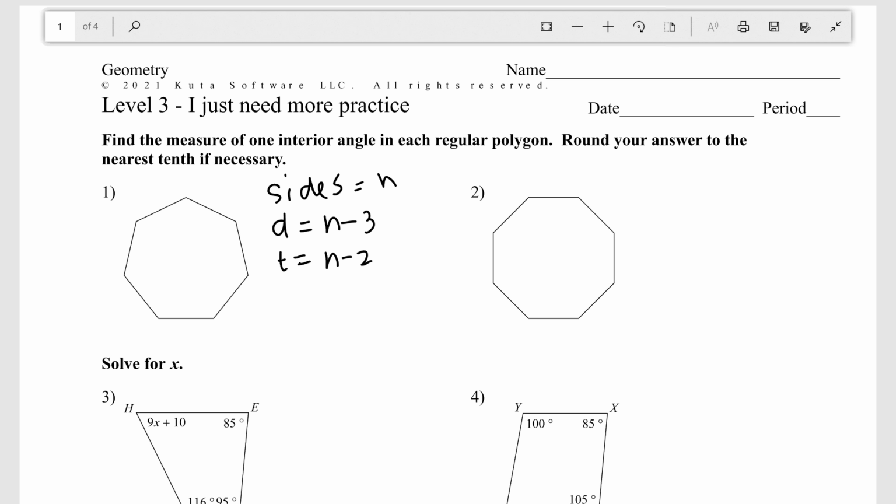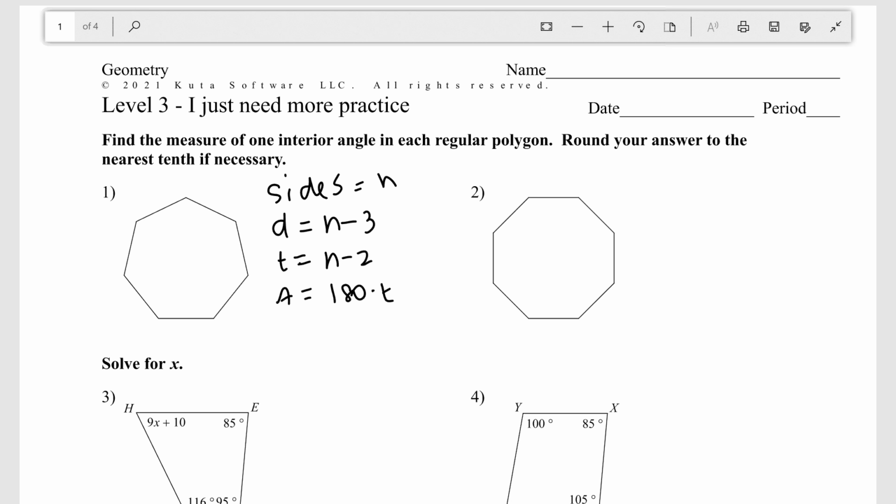Lastly, I know that the total angle degrees on the interior of my regular polygon, let's call it A, is going to be 180 times the amount of triangles T that I would have.